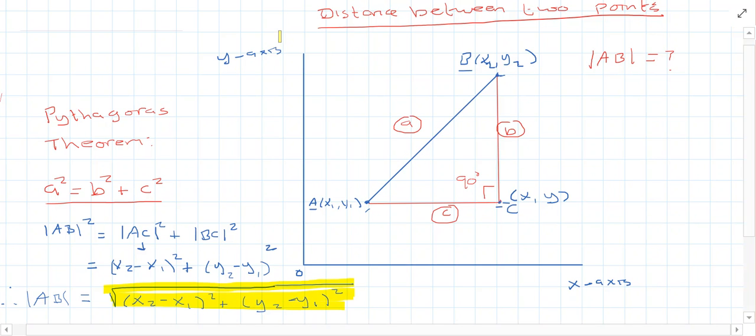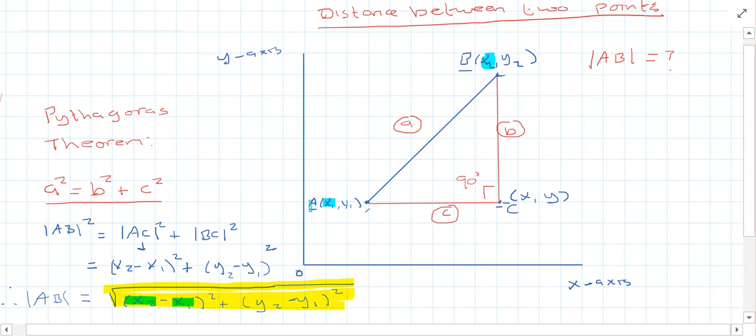So if we think about the values that we have, this x2 value comes from this point here, and the x1 is here.